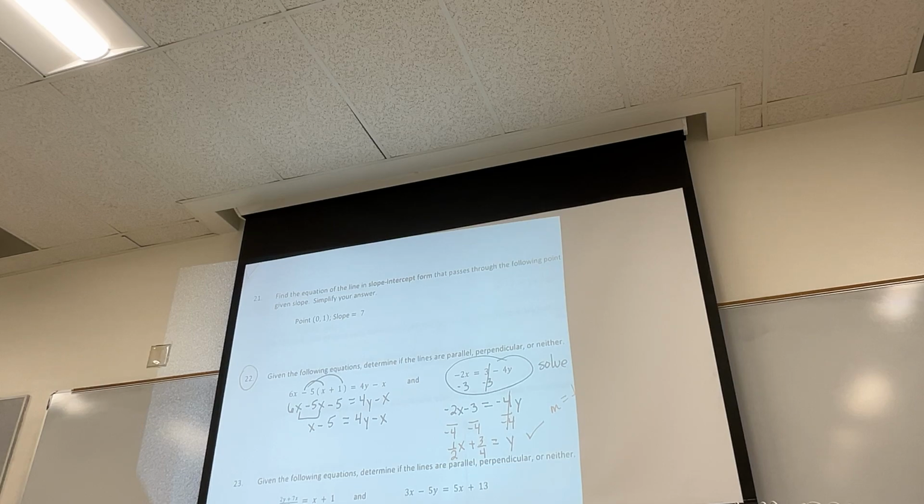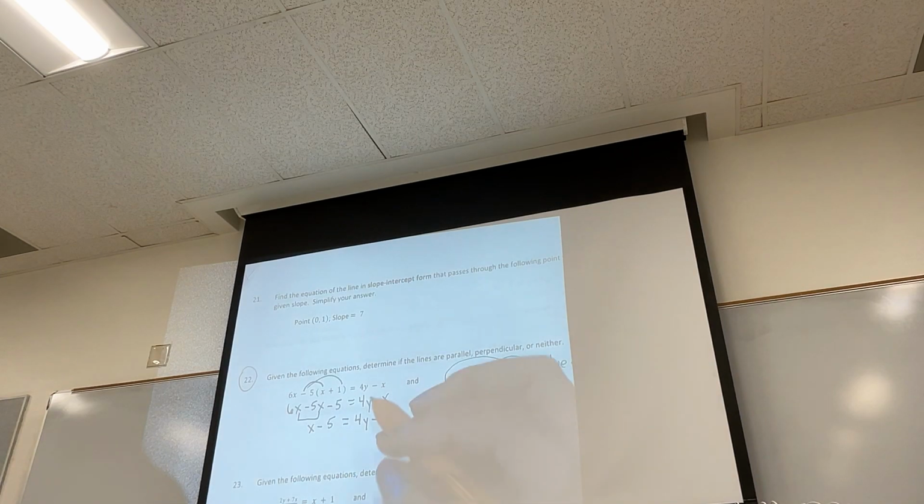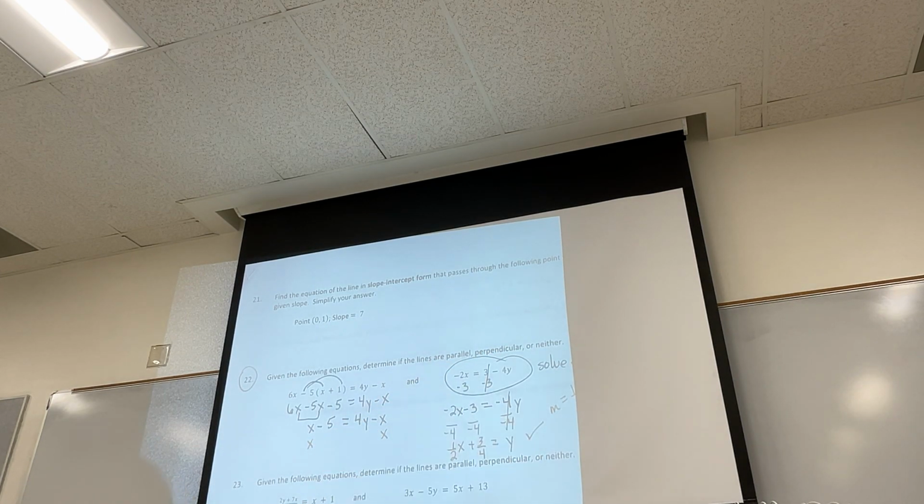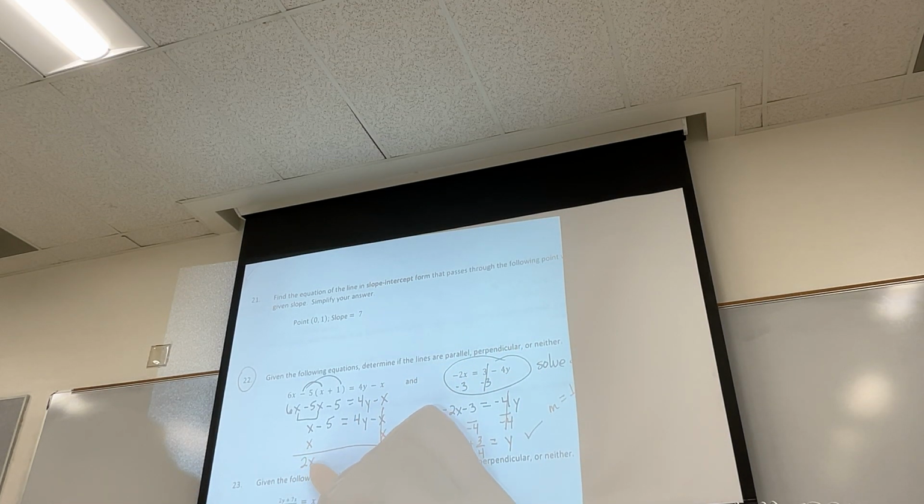And since I solved for y on this side, I'm going to do the same just to be consistent, okay? So I'm going to move this x over. It becomes a positive x. So we have 2x minus 5 equals 4y.